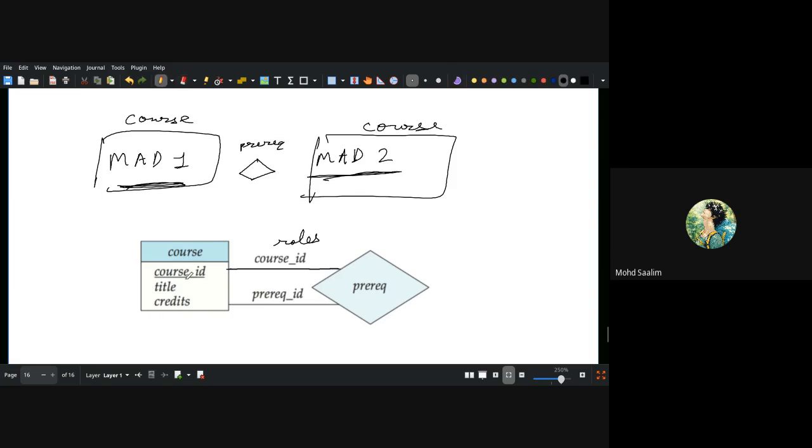So let's say the course ID for Math 1 is 1, and for Math 2 it is 2. So what will be the relationship? This is the current course ID, and this is the prerequisite course ID.